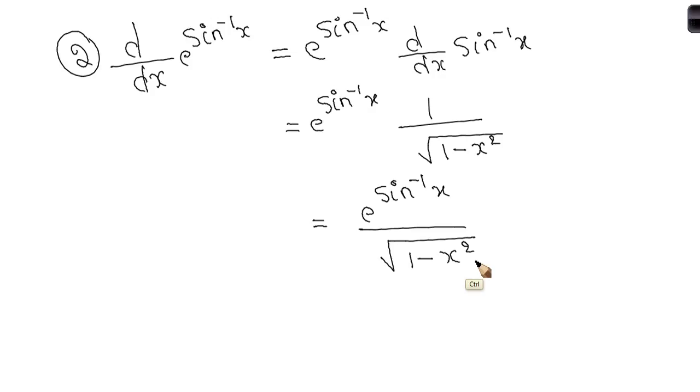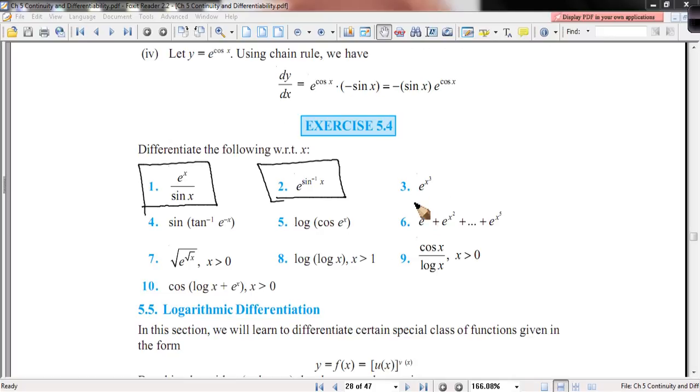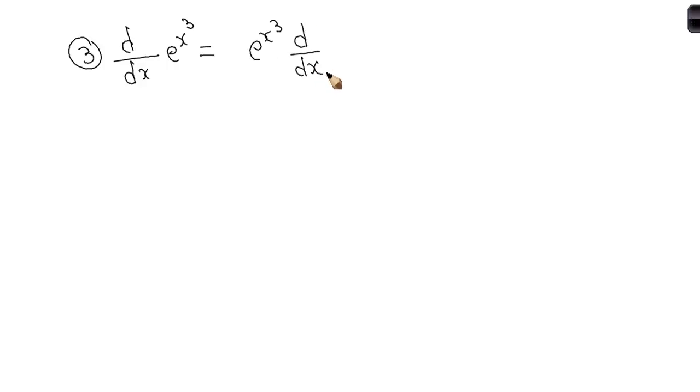Okay, good. Let me solve the next question then. Find the derivative of e power x cube. The derivative of e power x cube would be e power x cube into the derivative of x cube.